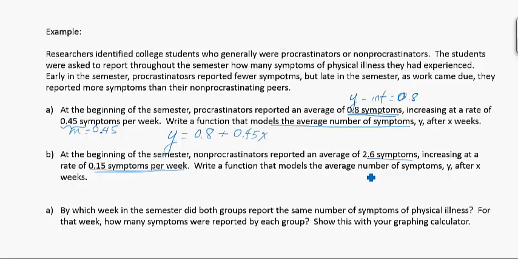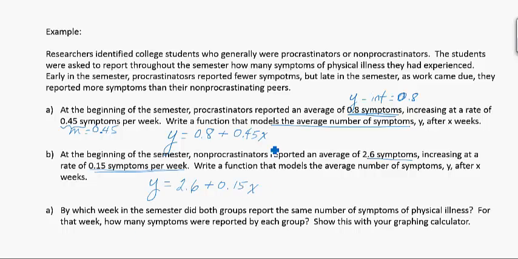Write a function that models the average number of symptoms, y, after x weeks. So x is our number of weeks. Our y-intercept is 2.6, and our rate of change is 0.15 per week.